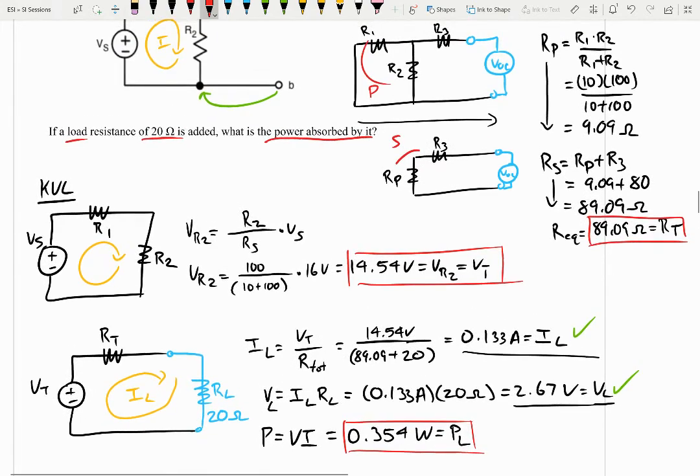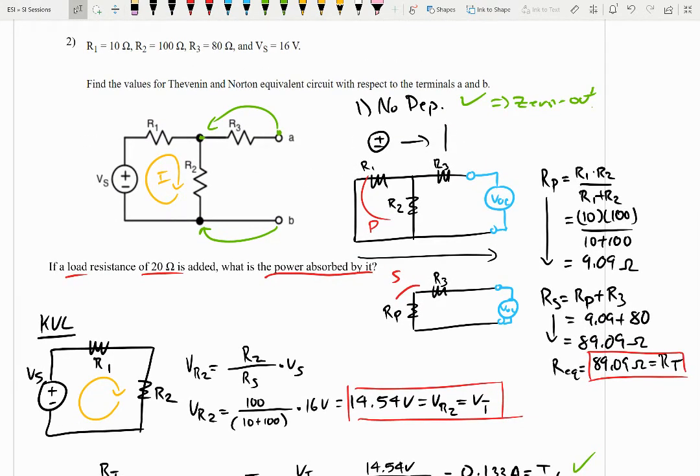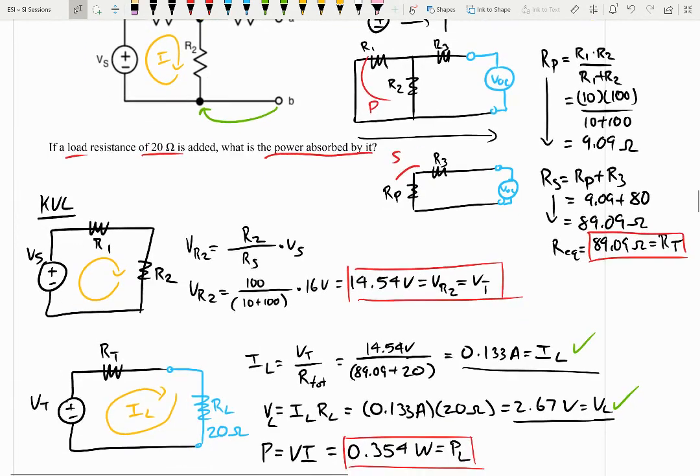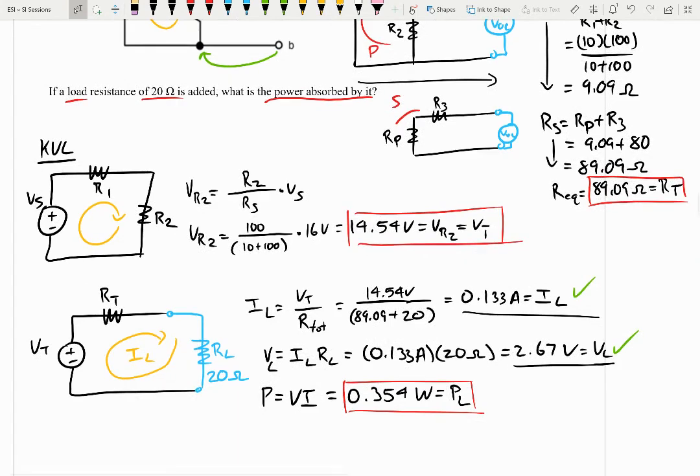So there we are. We have to essentially do two separate problems. Whenever they do the load, it adds an additional element, and it takes a little bit longer. But same process, going from left to right, and then going from right to left, finding R Thevenin, finding V Thevenin, and then finding power, current, or voltage, whatever they're asking for.